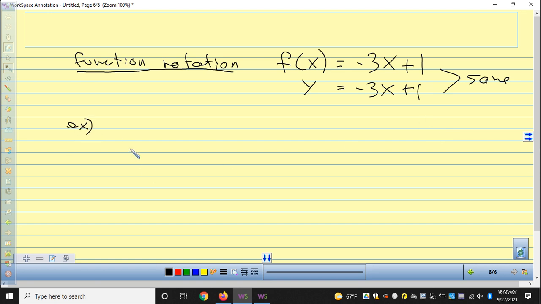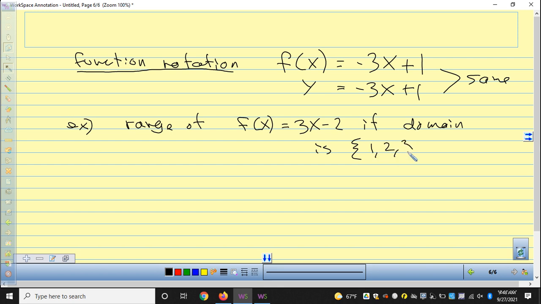All right, so let's look at an example. We want the range of f of x equals 3x minus 2 if the domain is 1, 2, 3, 4.